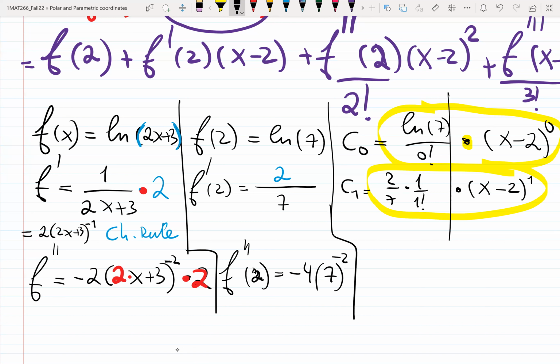So c sub 2 is minus 4 over 7 squared, which I put in the denominator because then the pattern is very nice: it was over 7, now it's over 7 squared, times 1 over 2 factorial, x minus 2 squared and so on. You see the pattern here.